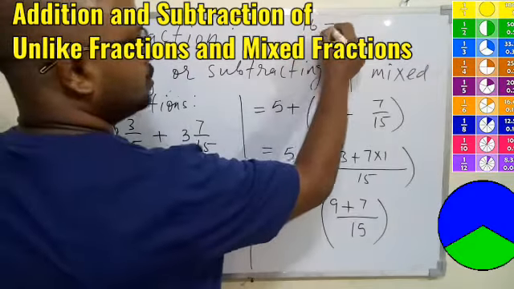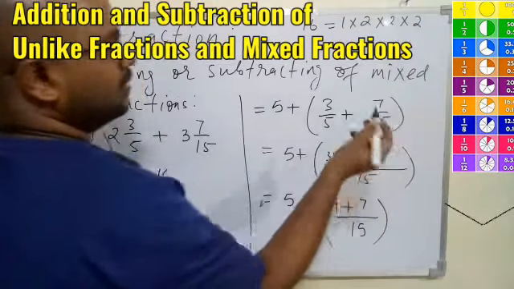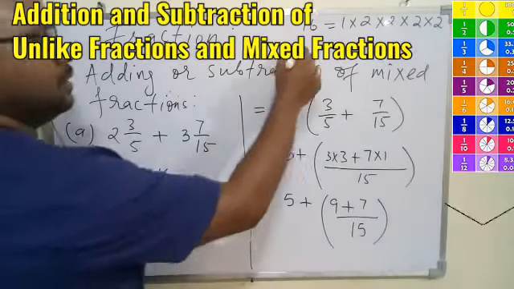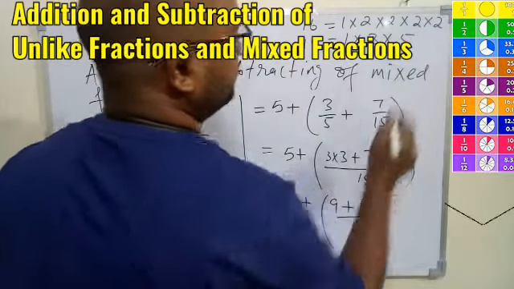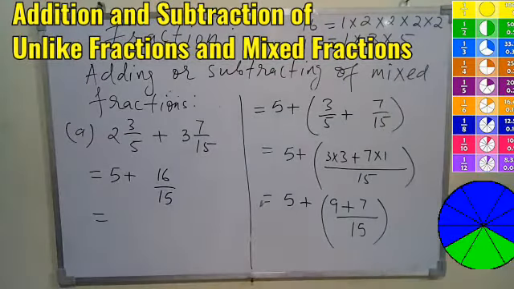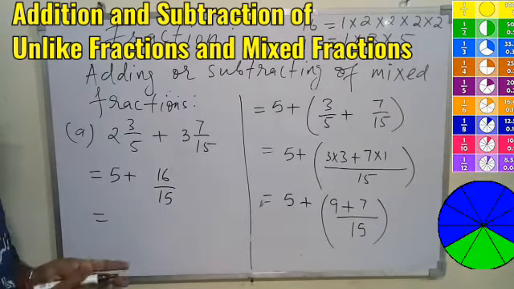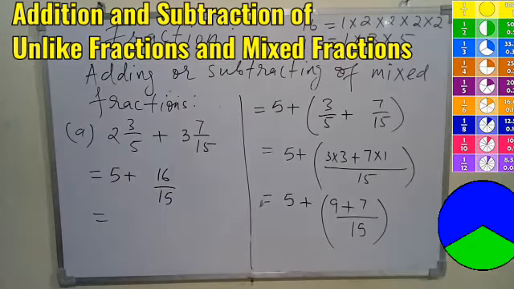So 16 can be written as 1 into 2 into 2 into 2 into 2. Yes or no? And 15 can be written as 1 into 3 into 5. So overall they don't have any common factor other than 1. So it is already in the reduced form, no doubt. 16 upon 15. We cannot reduce it further.